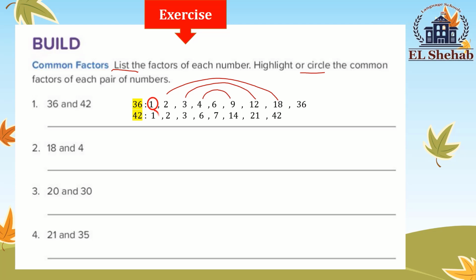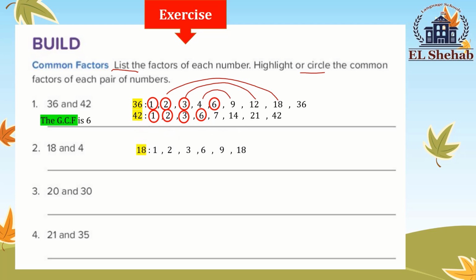The 1, 2, 3, 4, no, 6, yes, and nothing else. Which one is the greatest common factor here? 6 is the greatest. Okay, next one, quickly.